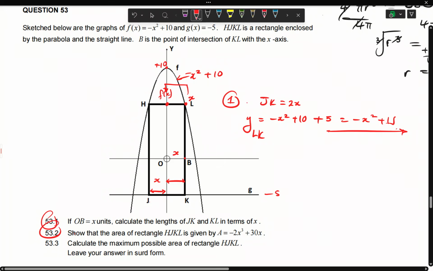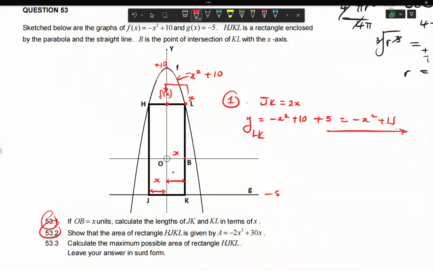Now the next question: show that the area of a rectangle, that part there, is given by this. Remember, you need the length and you need the height, you can call it whatever you want. This is number 2. The area of a rectangle is length times height.